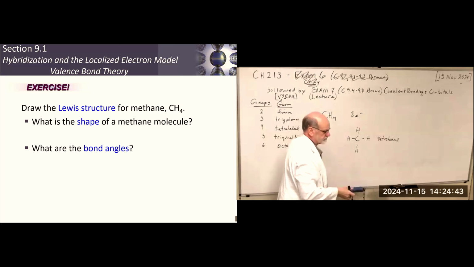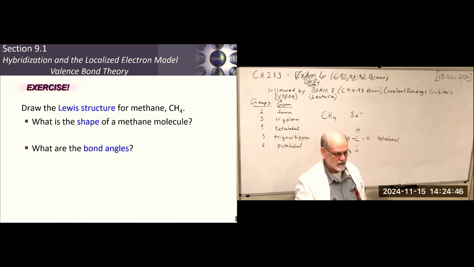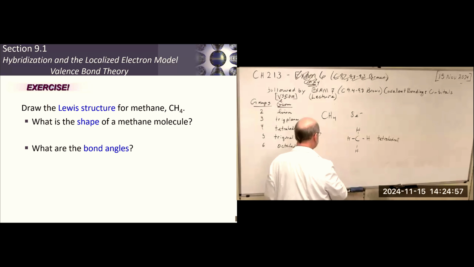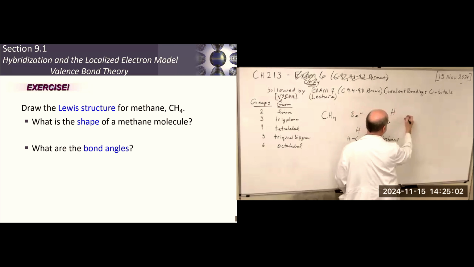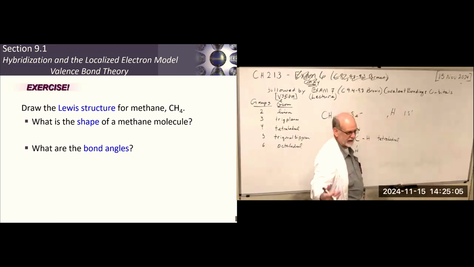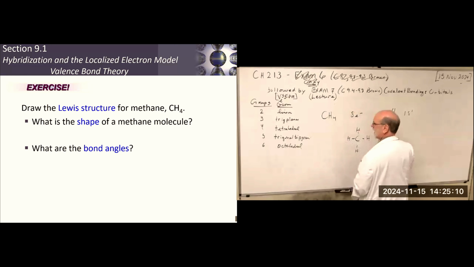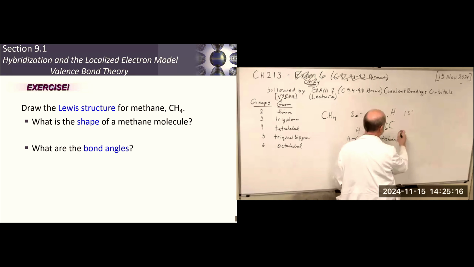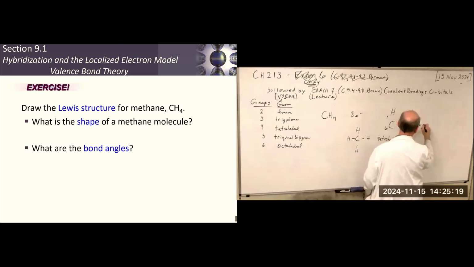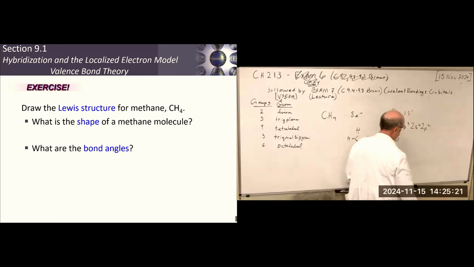Okay, here's the problem. With the localized electron model, we're saying that the electrons belong to each of the atoms, and the only way bonds form is by sharing, overlapping orbitals. If we try to do that with carbon, hydrogen is no problem. Right? Hydrogen is 1s1. That's it. It can't be anything else. But carbon has 6 electrons. It's 1s2, 2s2, 2p2.